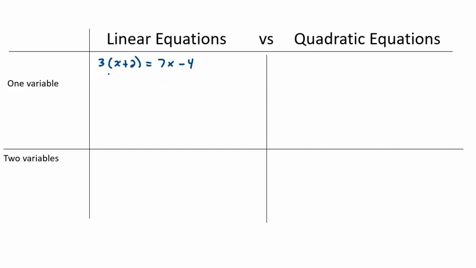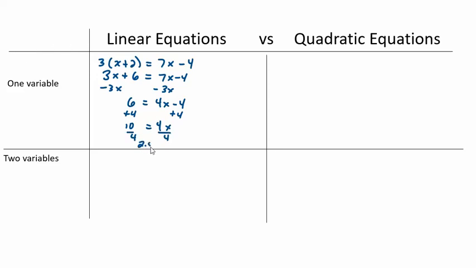And the way you solve this, after you simplify each side, the strategy is to get all your x's on one side by doing something like this, and then getting all of your constant terms on the other side of the equal sign and dividing, and you get an answer. 2.5, I believe that is. That's the strategy. You've been doing that so many times, it should be second nature to you. Get all your x's on one side, all your numbers on the other, and you're good to go.